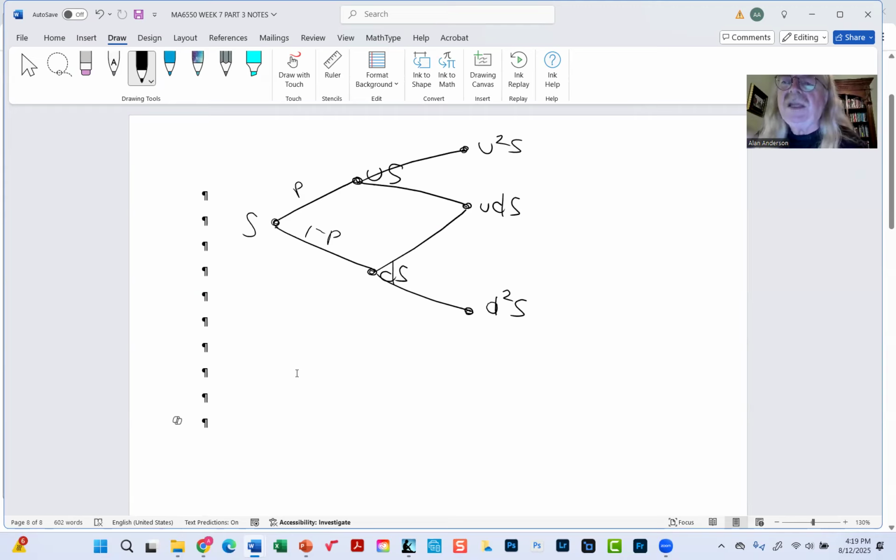It's implied that the P never changes. We don't have to keep labeling it all over the place. P means the probability of going up, one minus P means going down. So we're also going to need to define a tree for the option price.